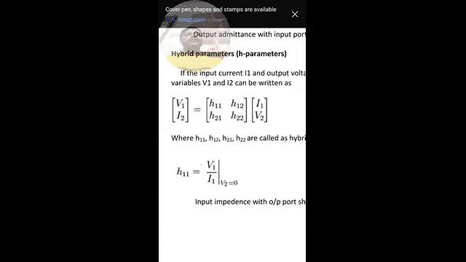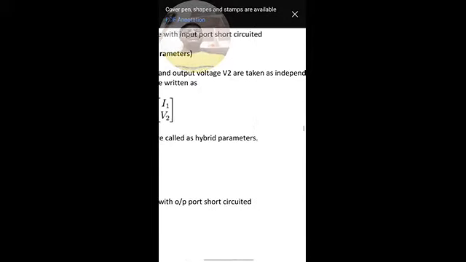H11, H12, H21 and H22 are called hybrid parameters.